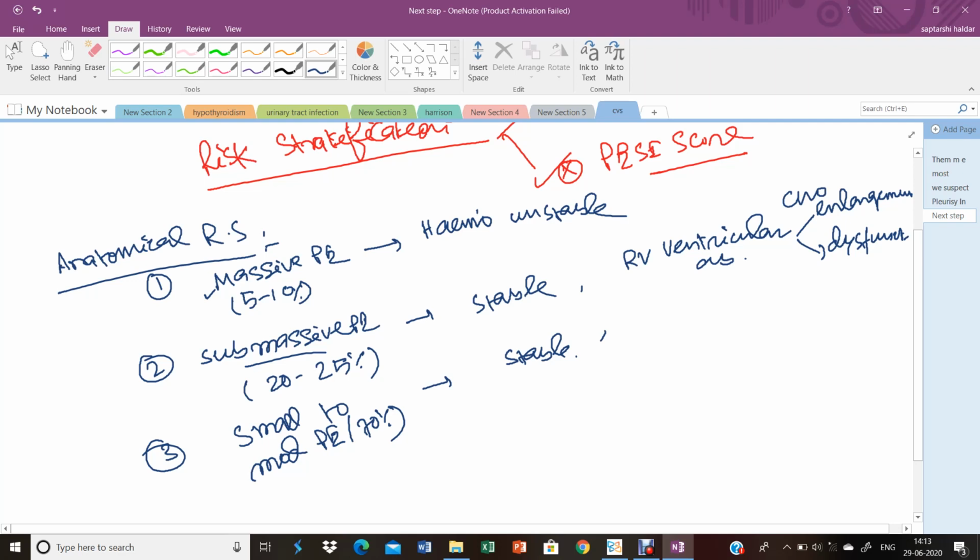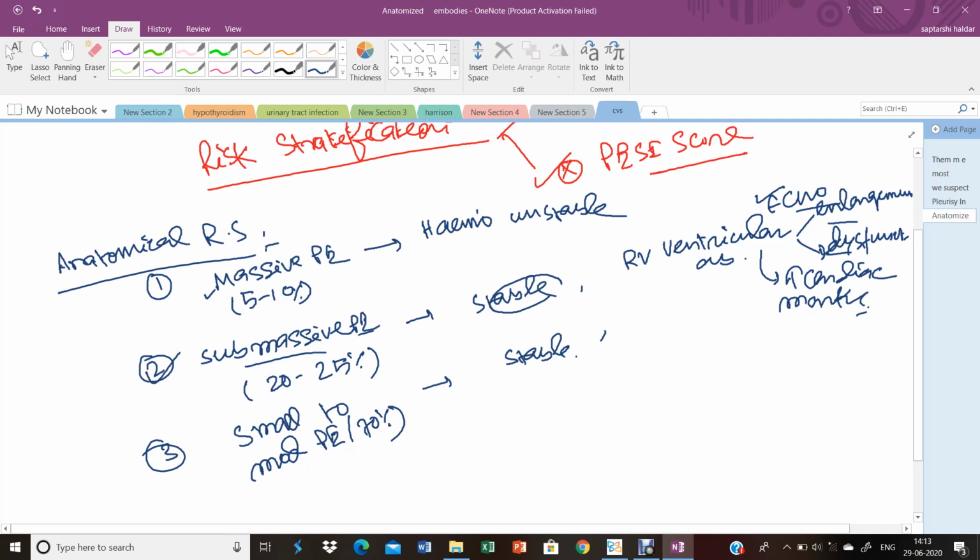By echo we diagnose the enlargement or any dysfunction or any increased cardiac marker. If the patient has dysfunction or echo anomaly, then even if the patient is hemodynamically stable, we will classify the patient as submassive pulmonary embolism.